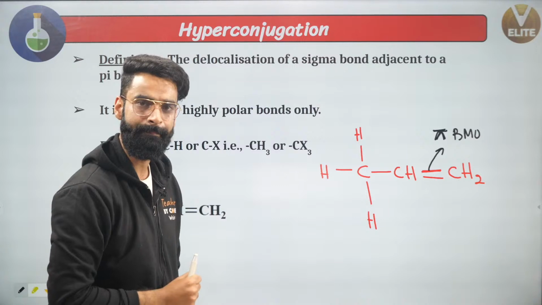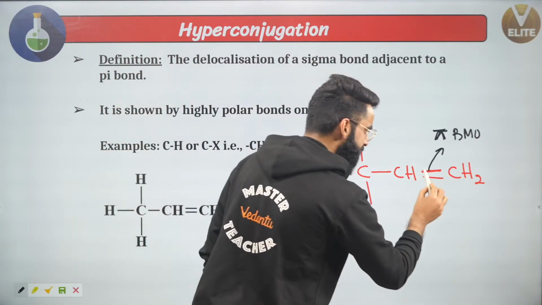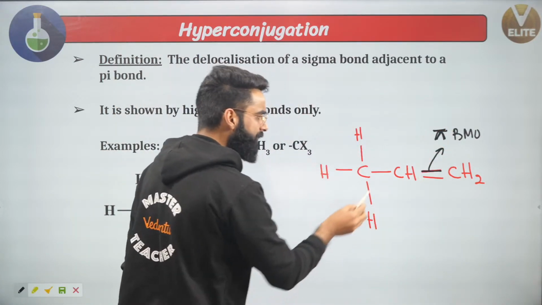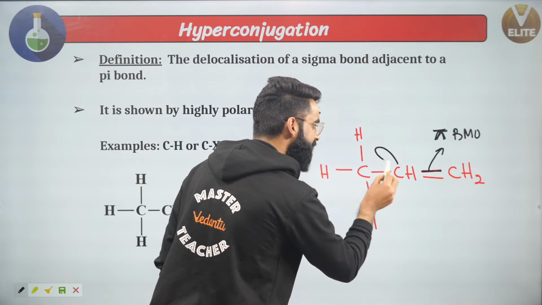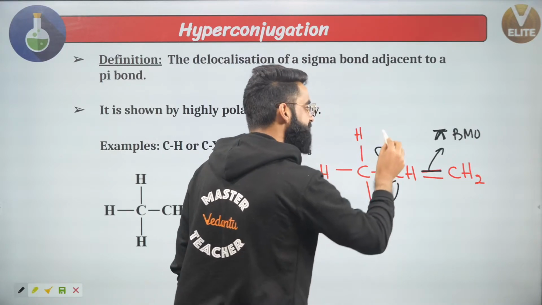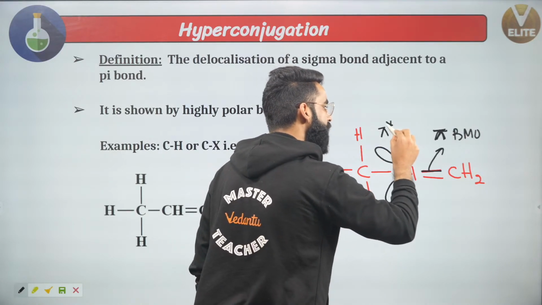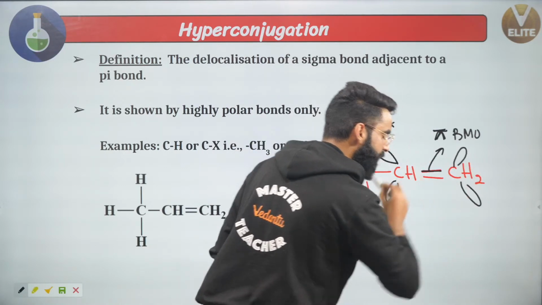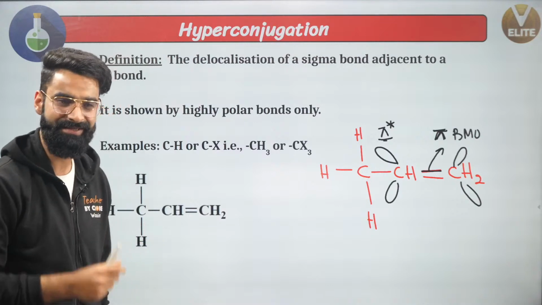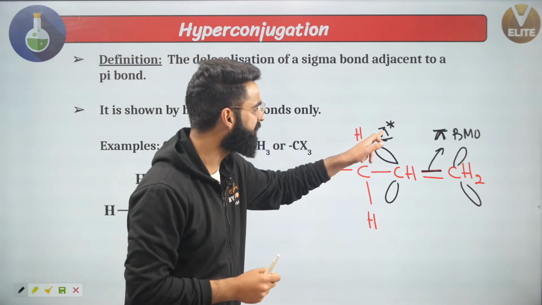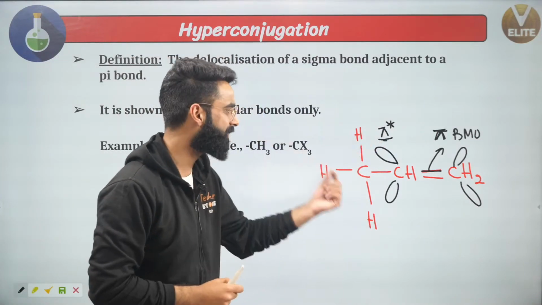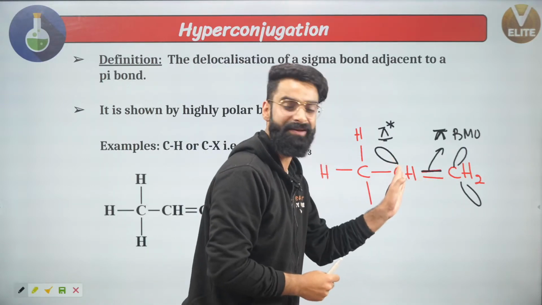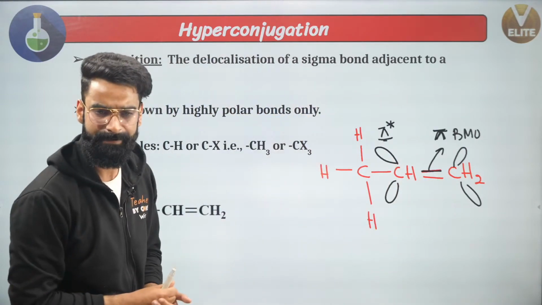At the same time, if this is the pi bonding molecular orbital, it's going to have a pi star as well, which I call the anti-bonding molecular orbital. You'd have studied these anti-bonding pi molecular orbitals in chemical bonding. They do not lie between the nuclei, they lie away from the nucleus.